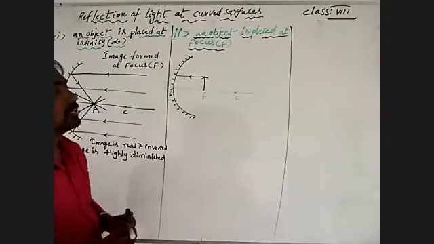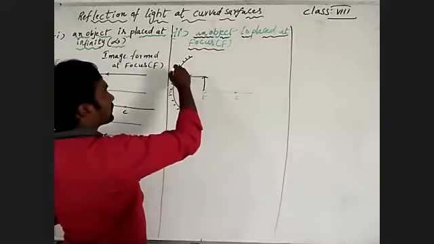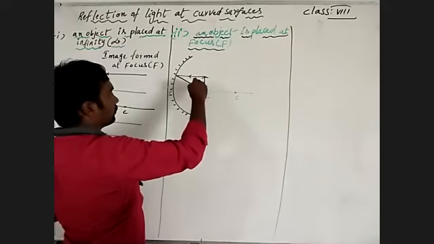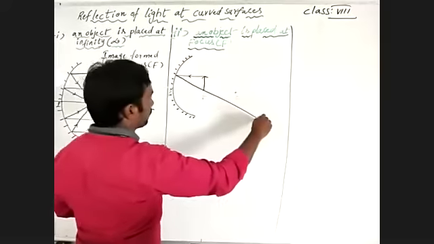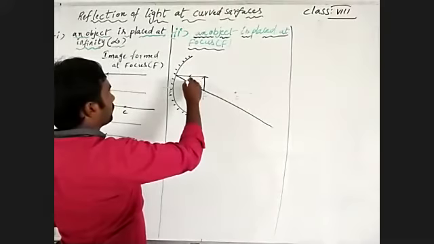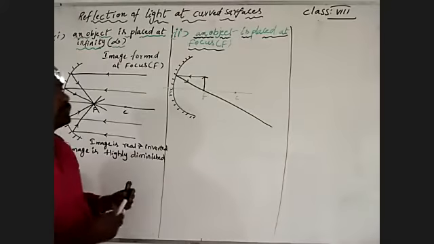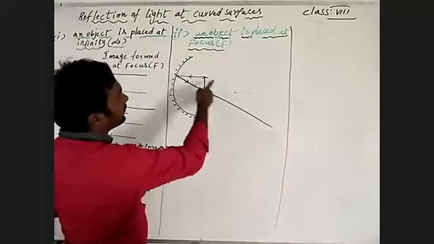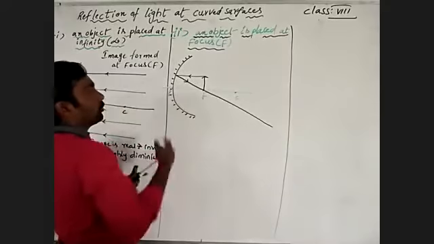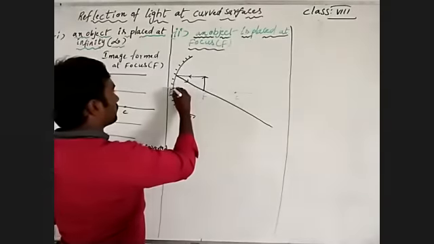The light ray which is parallel to the principal axis takes reflection through the focus. One more light ray we can take through the center of curvature or through the pole. Now I am going through the pole.